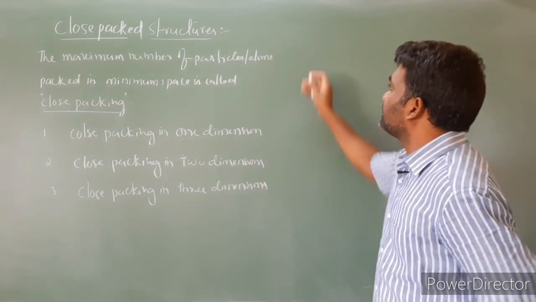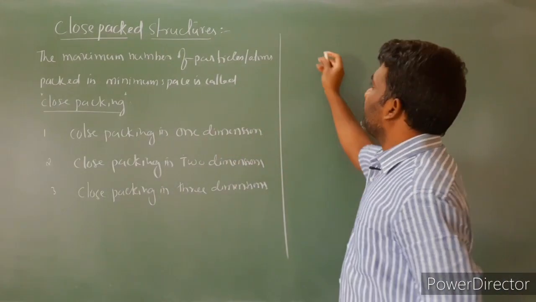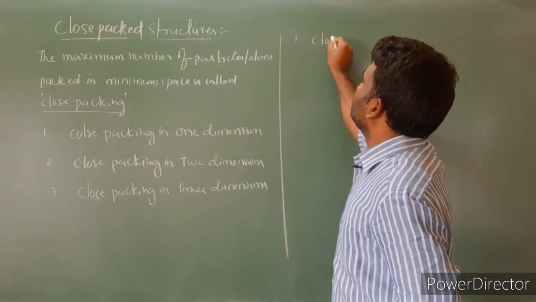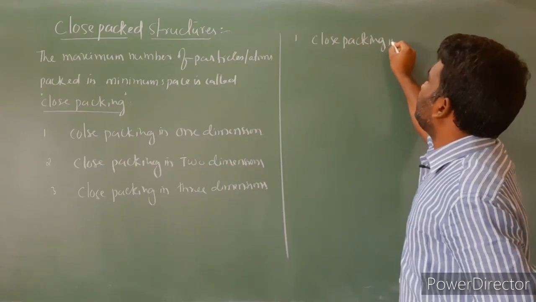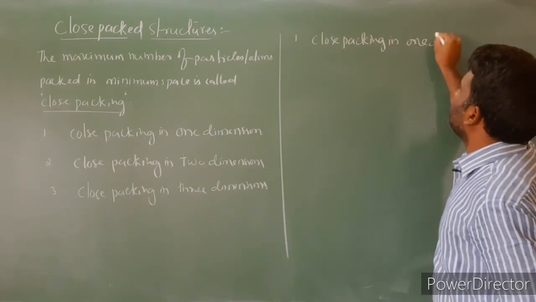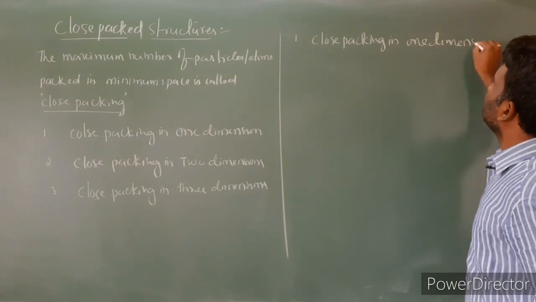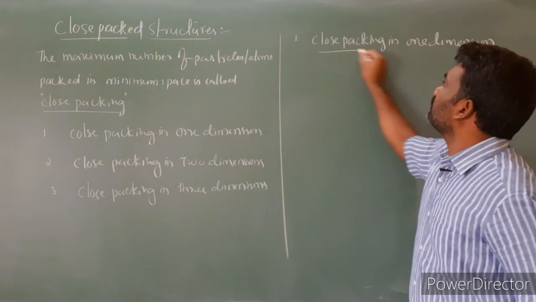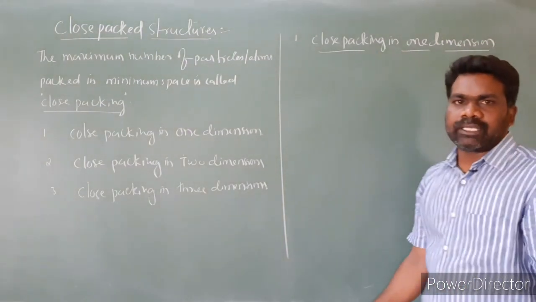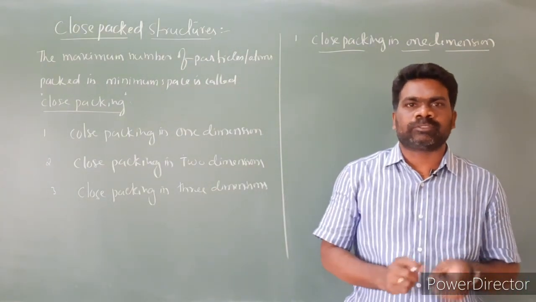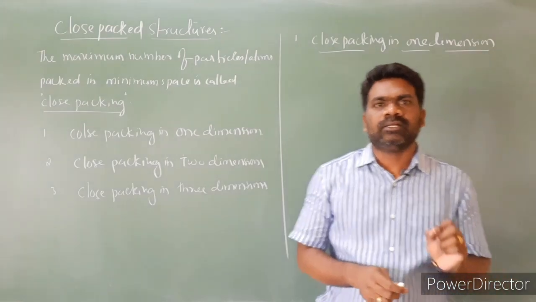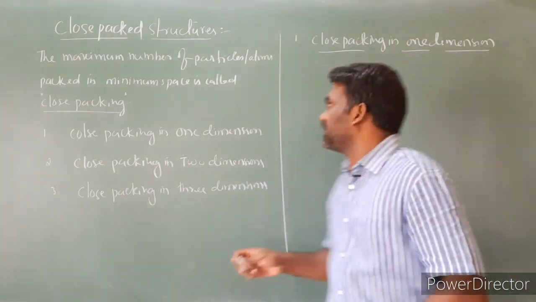Next, the first one is close packing in one dimension. In close packing in one dimension, the spheres are arranged in a row and the spheres are touching each other. Let us see how it is.